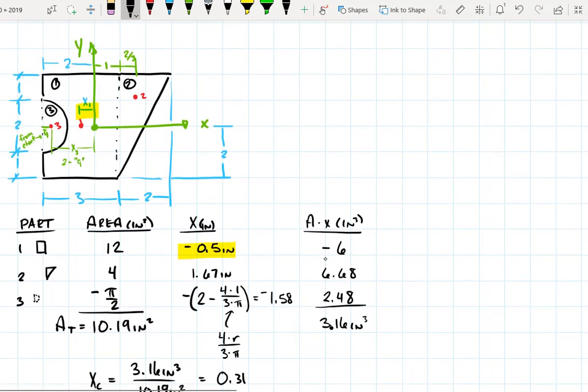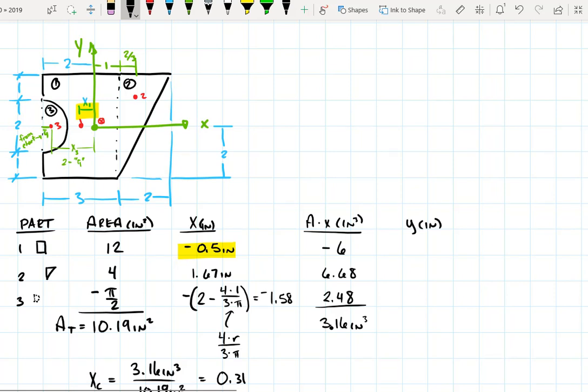So it is telling me that slightly to the right of the y-axis is the centroid of the whole shape. We didn't even draw it in, but somewhere right in there. To get y, we do a similar thing. We find the y-coordinate of everything.